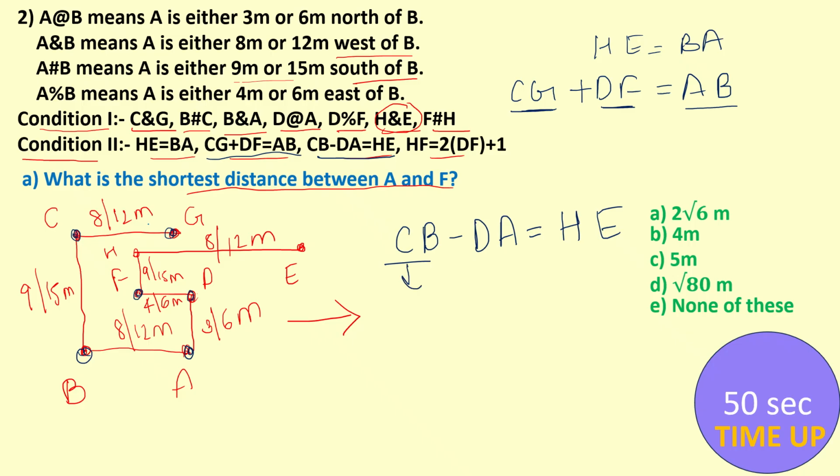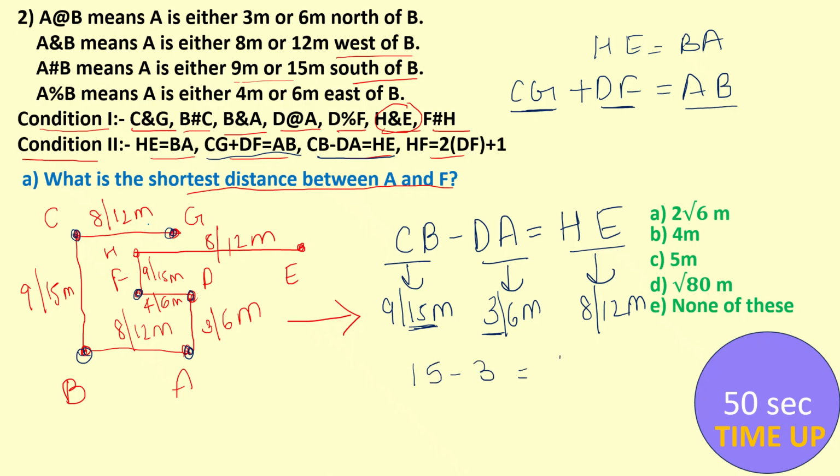CB distance is what? 9 or 15 meter. DA distance is 3 or 6 meter. And your HE distance is what? 8 or 12 meter. So if you subtract 15 minus 3, what will you get? 12 meter.